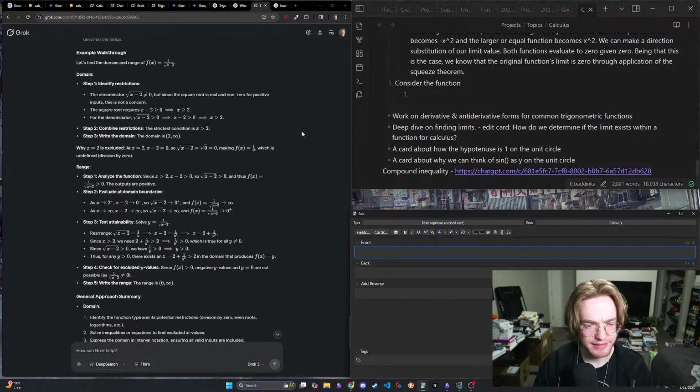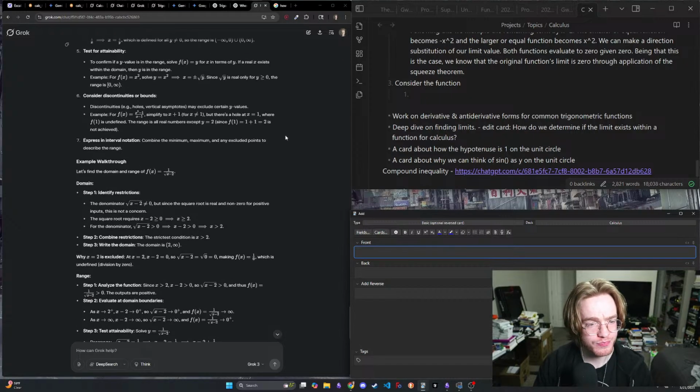Okay, so I feel good in the general case about this. The one thing I did learn is that what excludes a value from the domain is if it's not defined at that given point in a function.